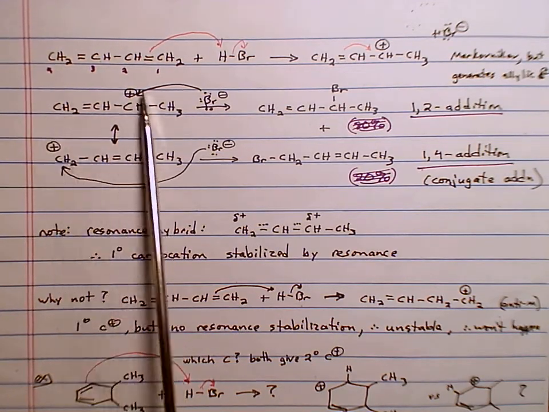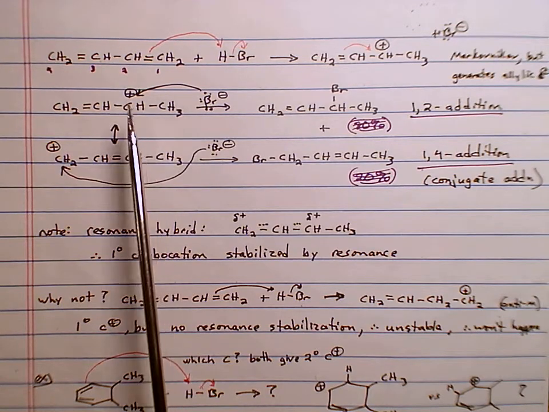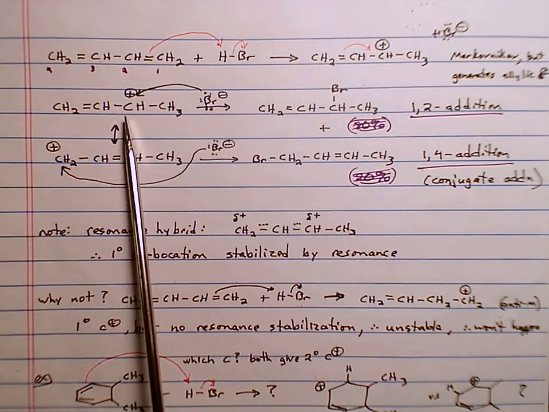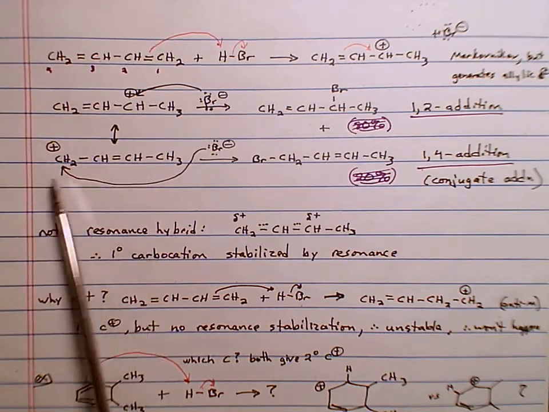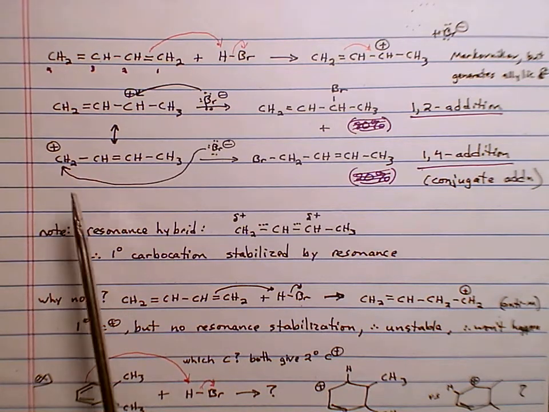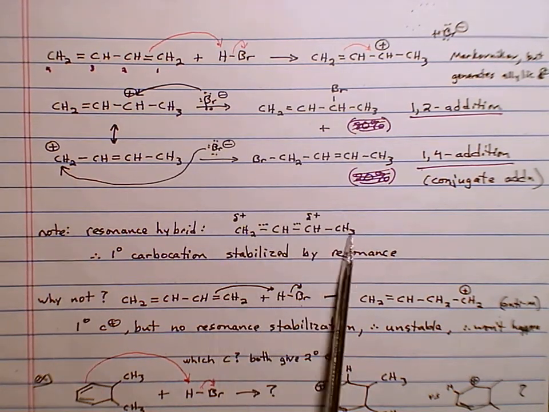So once this carbocation is made, realize that once you have generated a carbocation, we have resonance forms, and so it's not this in solution, it's not this in solution, it's some combination. The resonance hybrid is what's in solution.